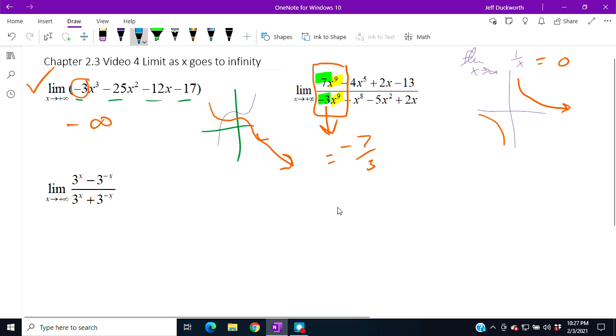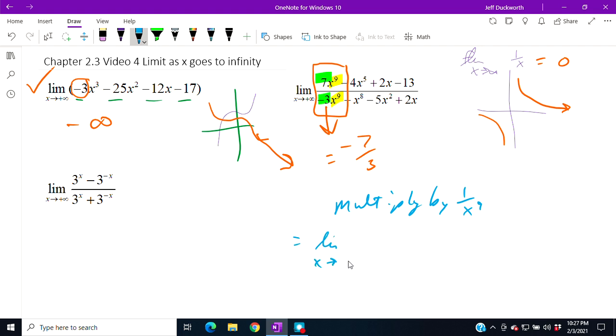So if we multiply by 1 over x to the 9th, or x to the -9th if you prefer, that means we have the limit as x approaches positive infinity of 7, well, x to the 9th over x to the 9th is just 1, so it's 7, minus 4 times 1 over x to the 4th, plus 2 times 1 over x to the 8th, minus 13 times 1 over x to the 9th.